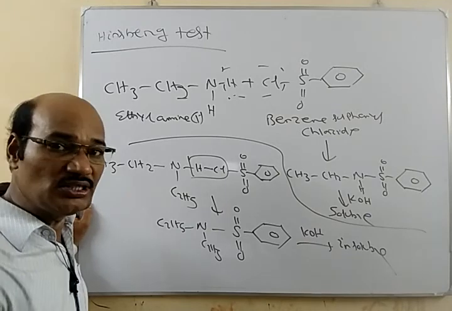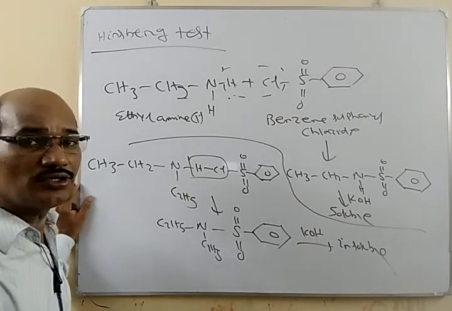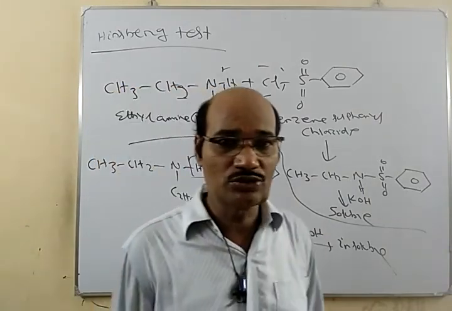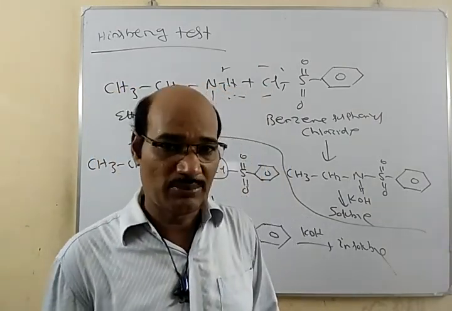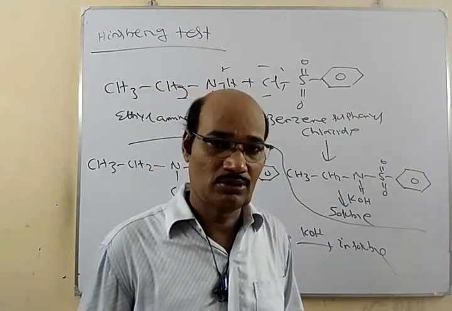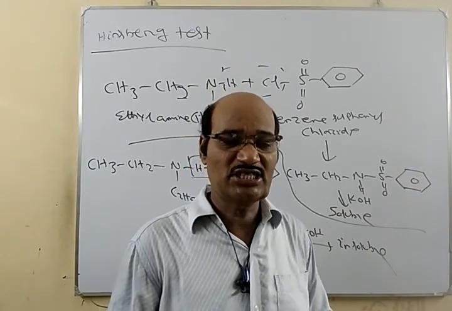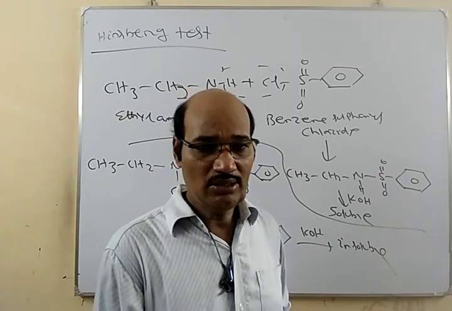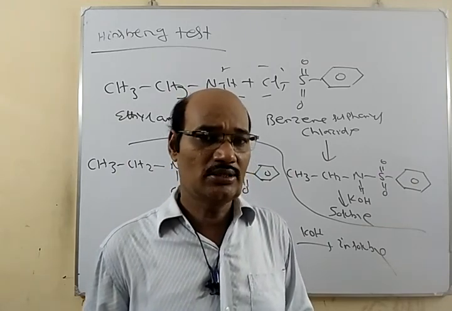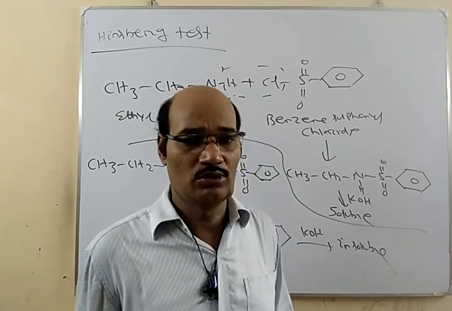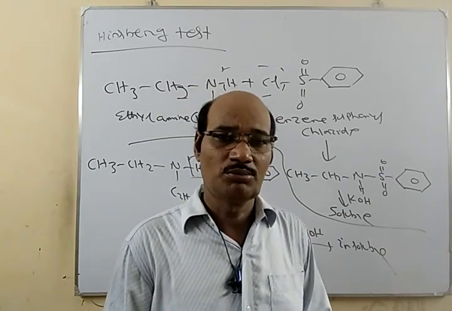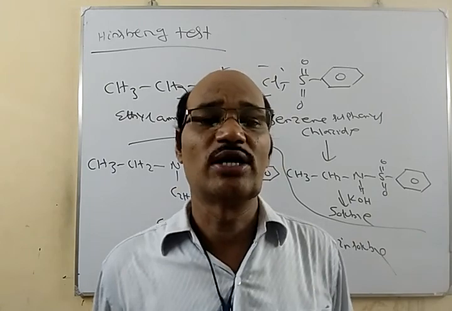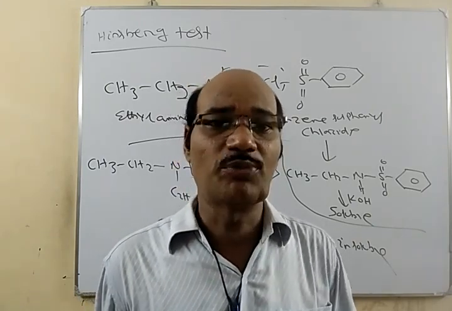And if I take a tertiary amine, it does not react with the Hinsberg reagent. So we can use this to distinguish between primary, secondary and tertiary. Primary amine with Hinsberg reagent, then KOH: soluble. Secondary amine with Hinsberg reagent, then alkali: not soluble. Tertiary amine: not reacting with the Hinsberg reagent. Next we will discuss the basic nature of amines.